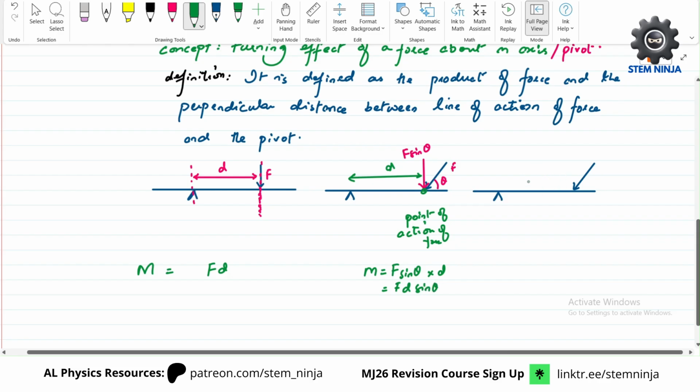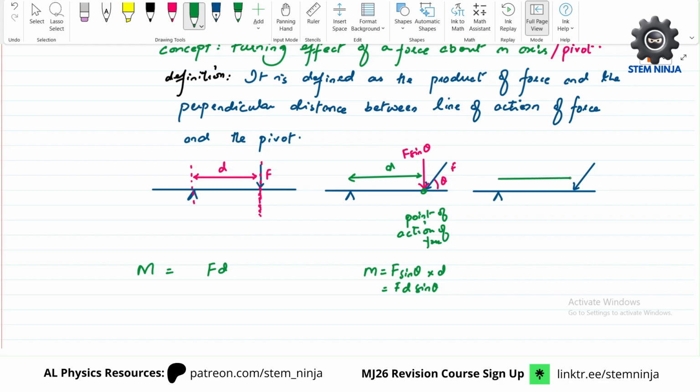Another thing we can do: if the distance between the point and the pivot is D, and we extend this to over here, this is the line of action of force. We need a perpendicular, so this can be our perpendicular distance.